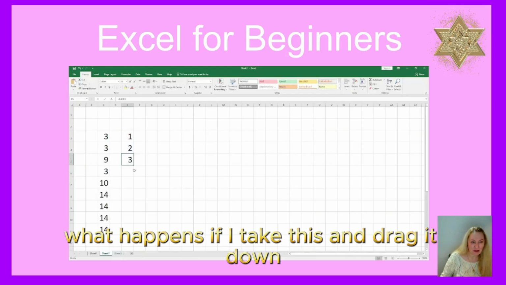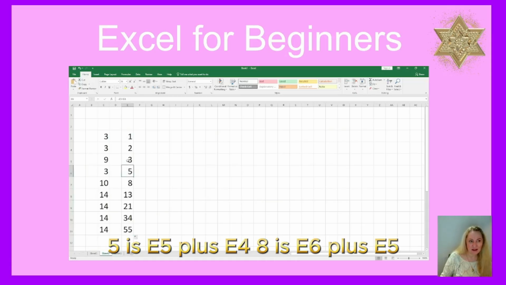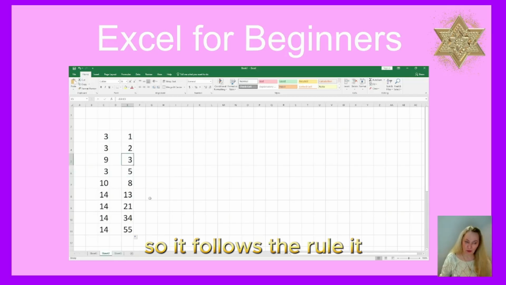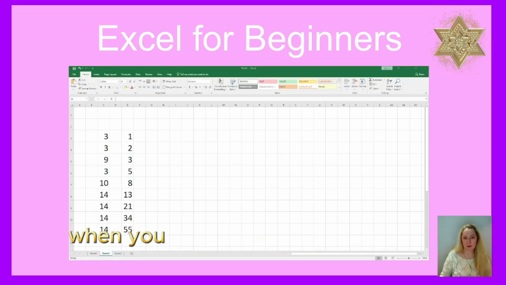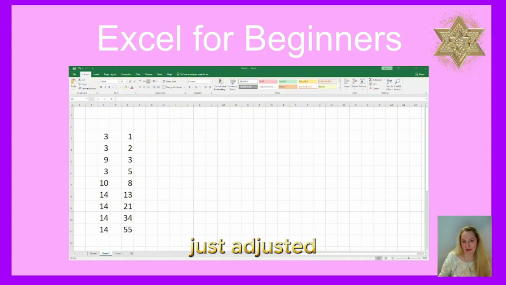What happens if I take this and drag it down? You see, 1, 2, 3, 5. 5 is E5 plus E4. 8 is E6 plus E5. So it follows the rule. When you drag it down, you have the same formula, just adjusted.